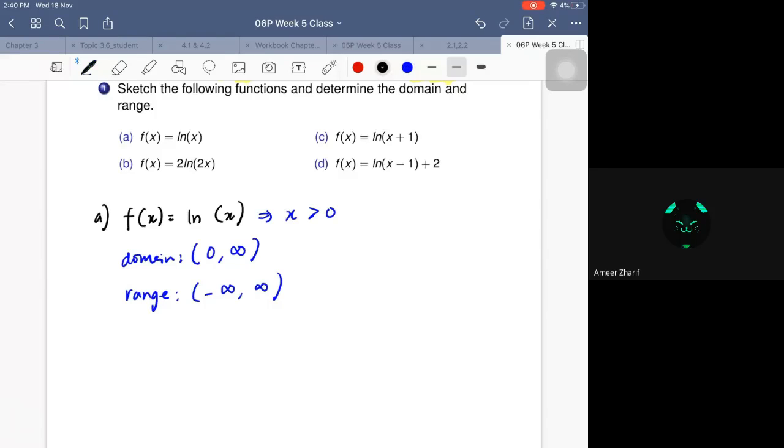So when you sketch a logarithm function, there are going to be 2 characteristics that you should include. One is going to be the asymptote. What is an asymptote? It should be an x-asymptote. Asymptote means a border of values that is not possible for x.